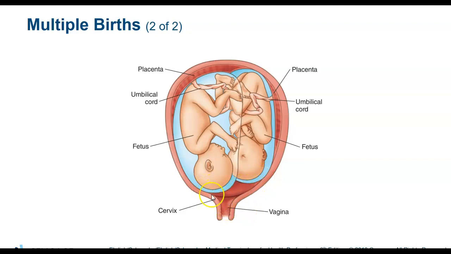It would be over the opening, and it would have to be delivered before the baby. That's a no-no. But if it's just partially here and early in pregnancy, as the baby develops, it will pull it up a little bit as we get larger. And so if you have a partial previa, you may be able to deliver vaginally.